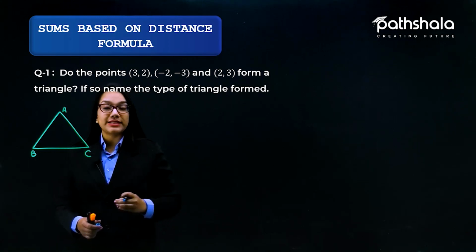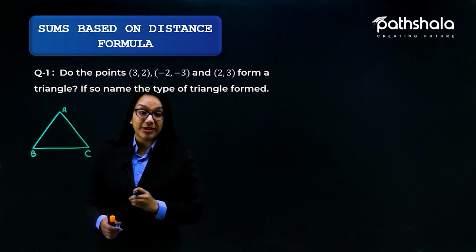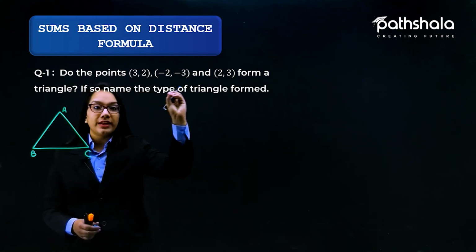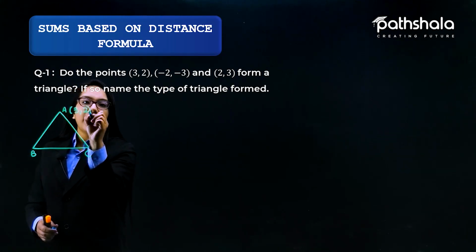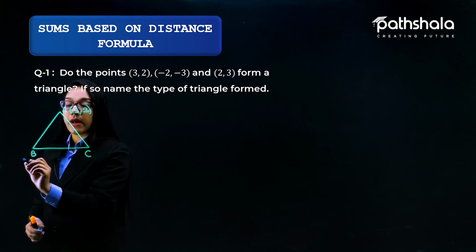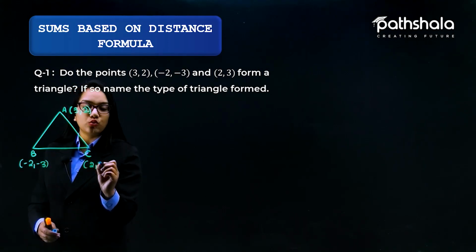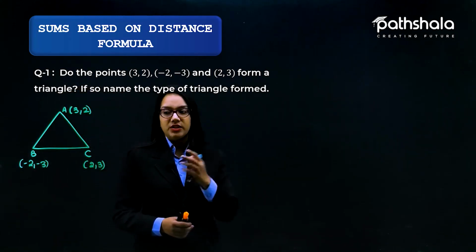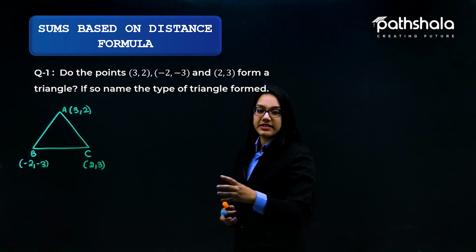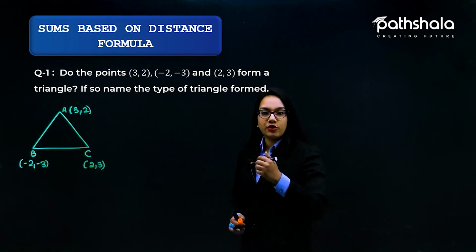I'm giving the coordinates to these vertices as (3, 2), (-2, -3) and (2, 3). Let's verify whether they are forming the triangle or not.